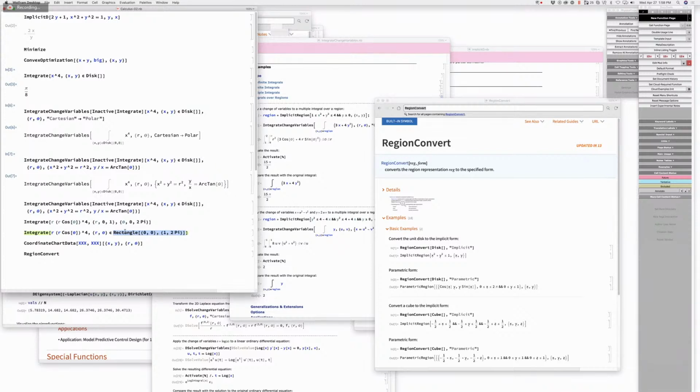Transformed region transforms regions. I understand, but this is a different description of the same region. No, it's a different region. Okay, fine. But it's a transformed region. What I'm saying is this functionality should exist independent of it being dug out of integrate change variables. Do you agree? Yeah, it's called transformed region. Okay, but does it do it right now? Yes.